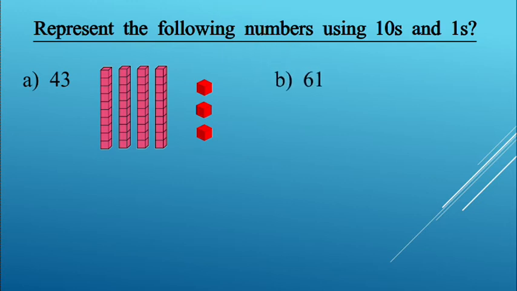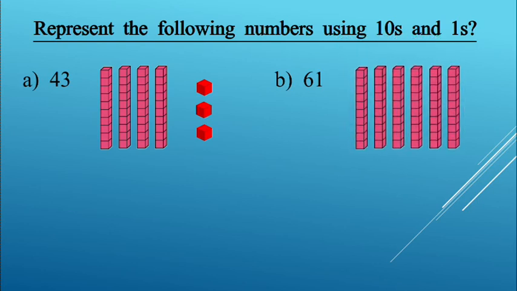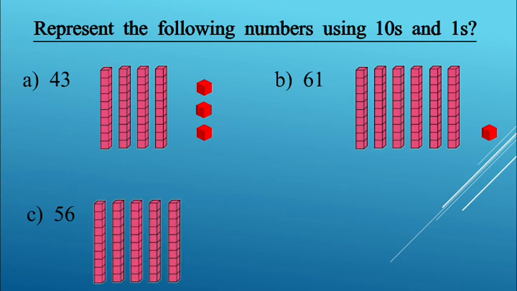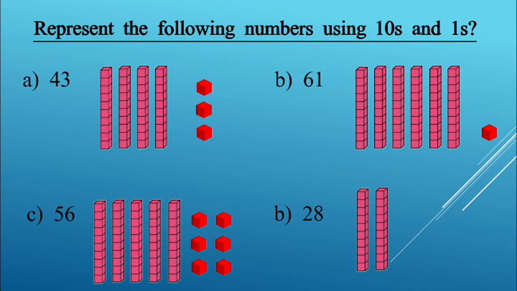B. 61. 6 counters of tens and 1 counter of single one. C. 56. 5 counters of tens and 6 counters of single ones. D. 28. 2 counters of tens and 8 counters of single ones.